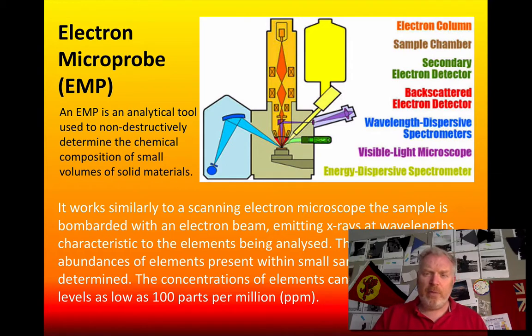That will emit X-rays from those minerals, and the wavelengths of the X-rays that are emitted will be different depending on what mineral it is. So we can record those, and from that work out what's the composition of a small mineral, or what small minerals might be within a rock. And this gets down to even 100 parts per million, tiny, tiny proportions.